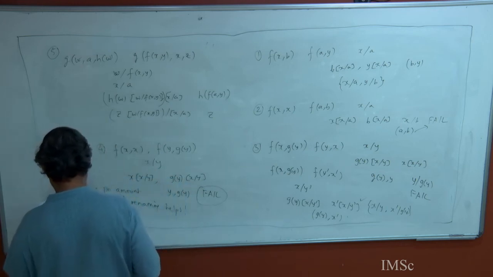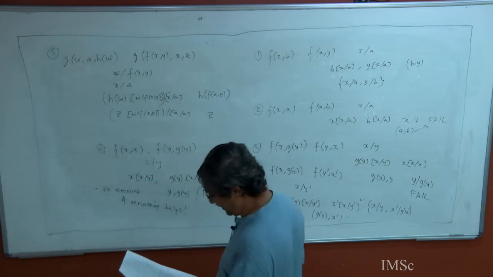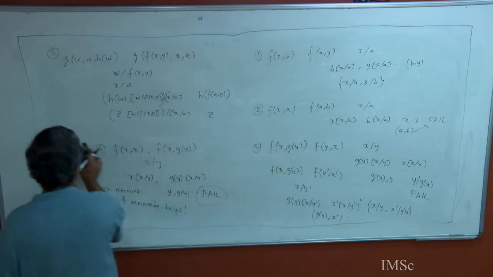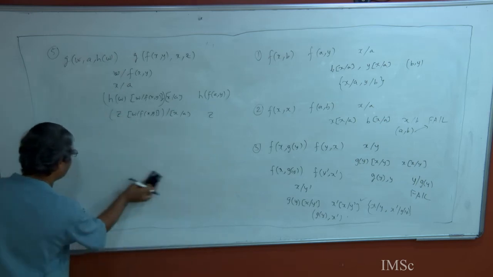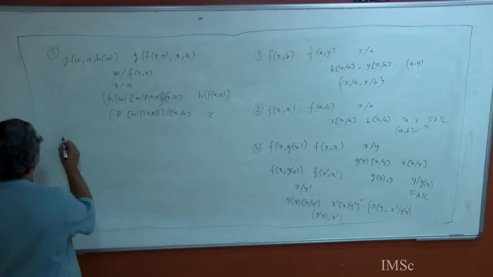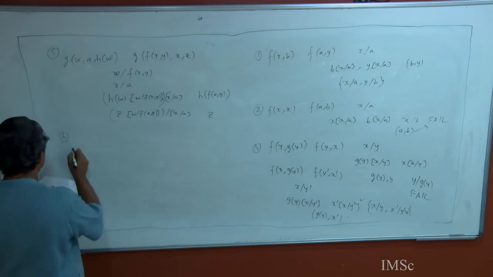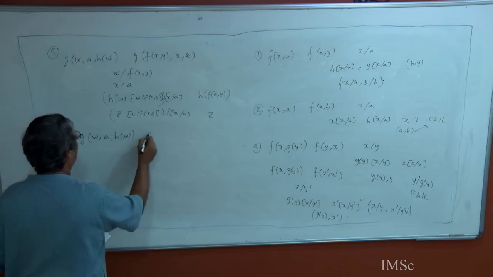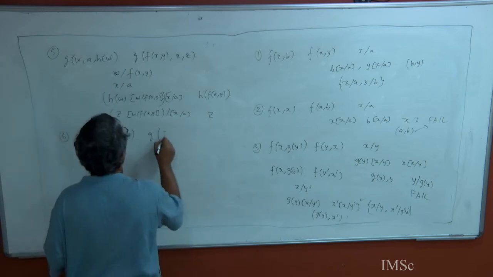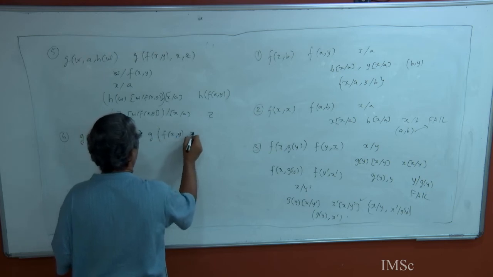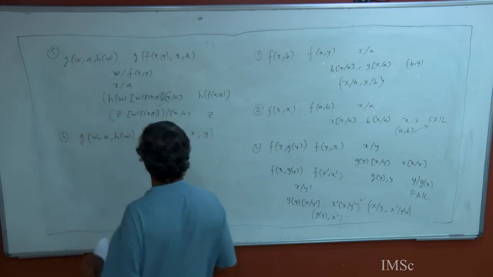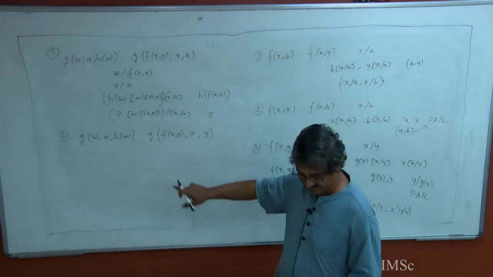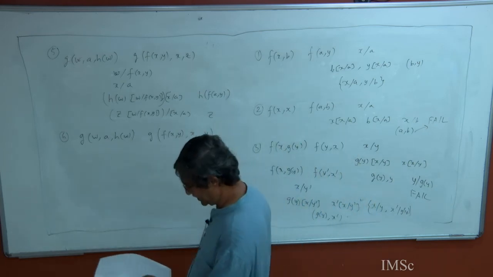And the same thing, I'll just change it a little, and you see that again there is a big difference. Let me take the same term, G of W, A, H of W, and this time I have F of X Y, X, and not Z but Y. These are the two arguments of the first one here, and this one is as before.